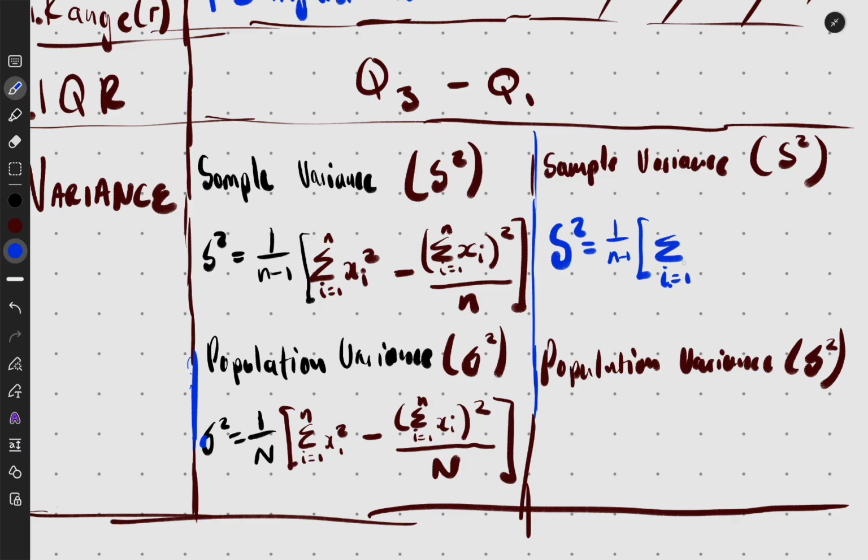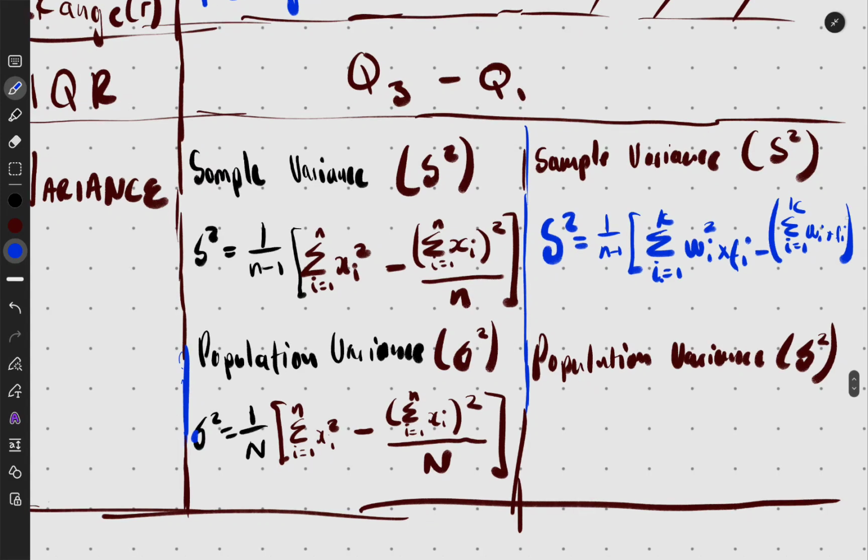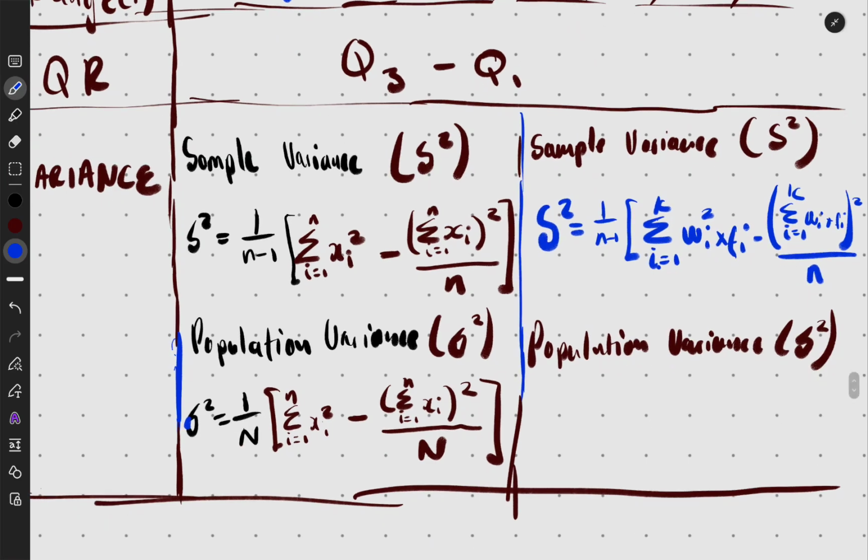We sum from 1 up to k, the number of intervals, of wi, the midpoint of the interval, squared, times fi. Then you say minus the sum from 1 up to k of wi times fi, then you square outside. Then you divide by the number of terms, which is n.